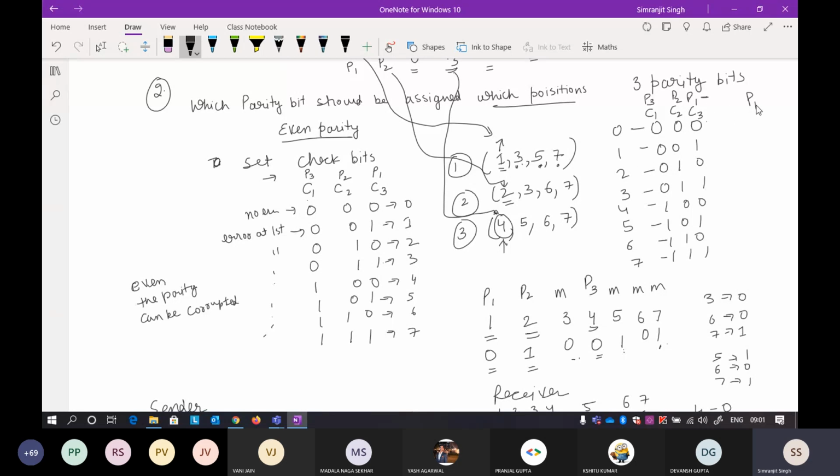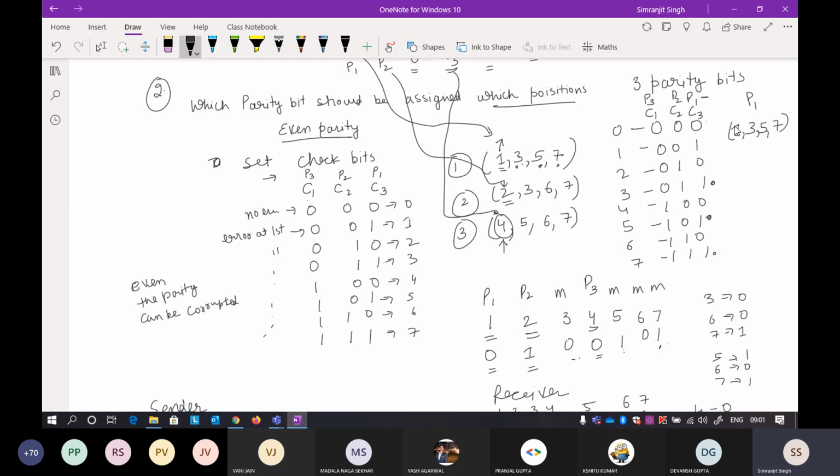At parity bit P1, where is 1 here? 1 is at this position, that is 1. Another one is at position 3, another at 5, another at 7.